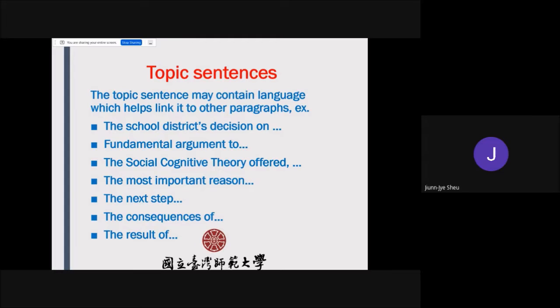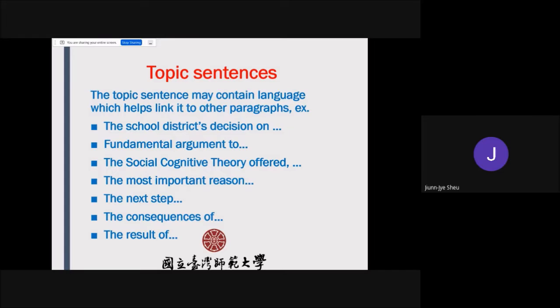Your topic sentence may contain language which will help the reader to logically follow your statement to the supporting sentences. Here are other examples for topic sentences, like the school district's decision on whatever. That can be the beginning of your topic sentence, or fundamental argument to whatever.